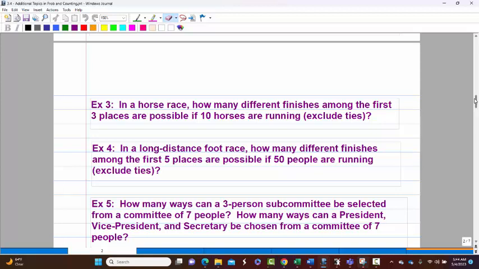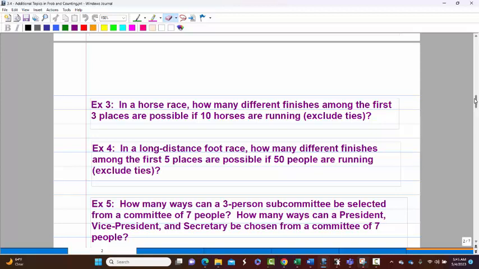In a horse race, how many different finishes among the first 3 places are possible if 10 horses are running? The order matters in a horse race. Let's say maybe you have the right 3 horses, but if you don't have them in order, you're not going to win. That's called a trifecta.